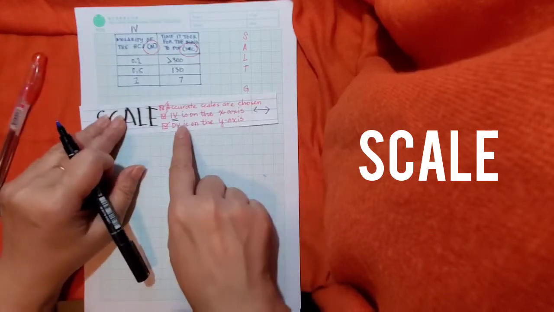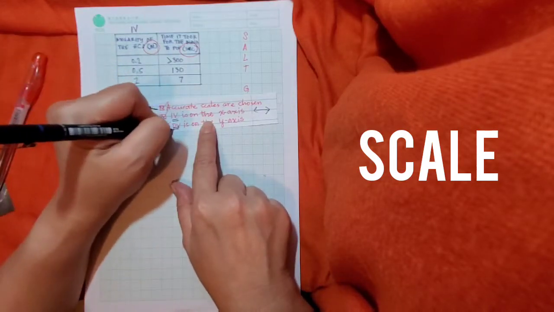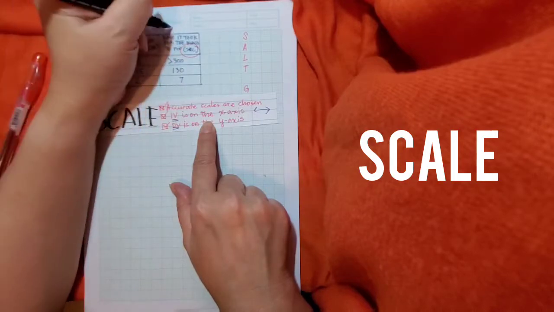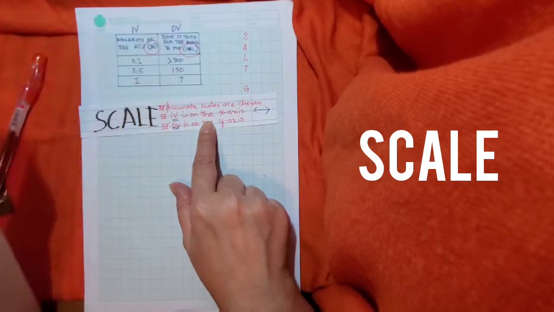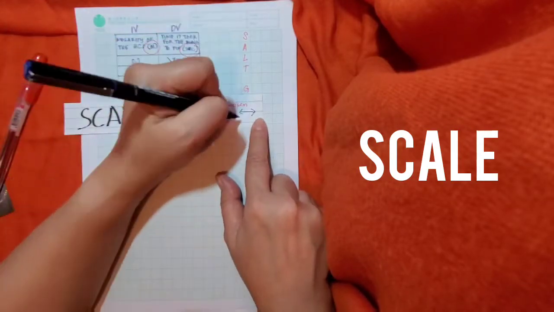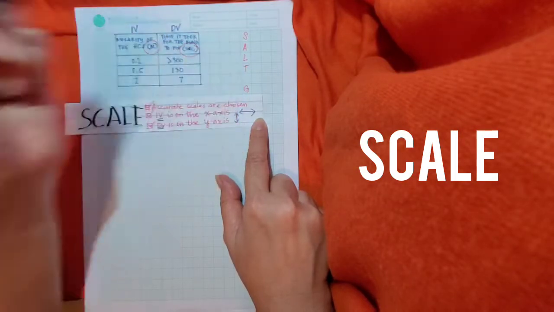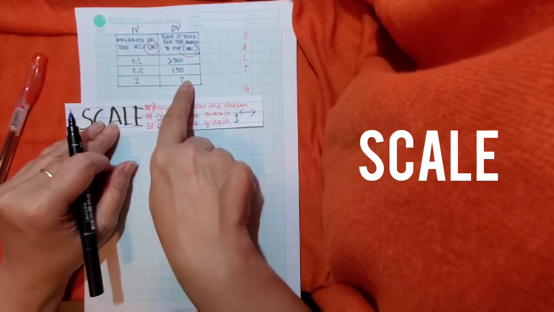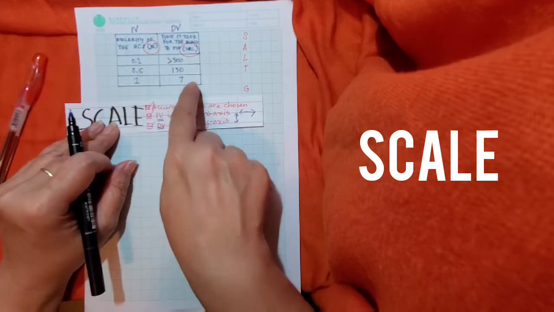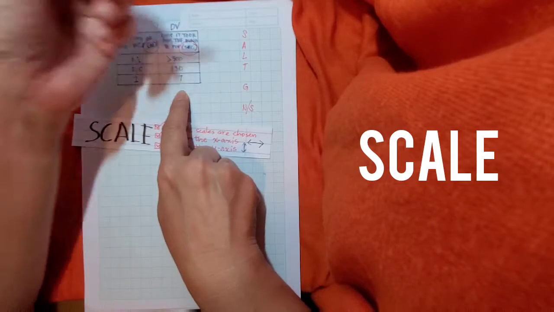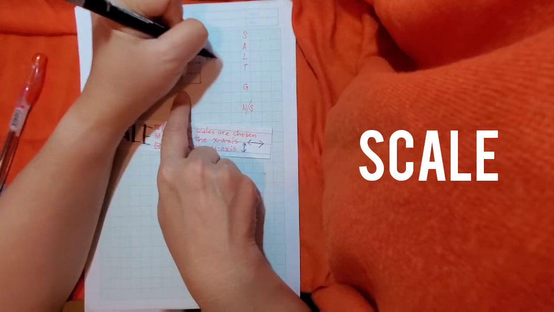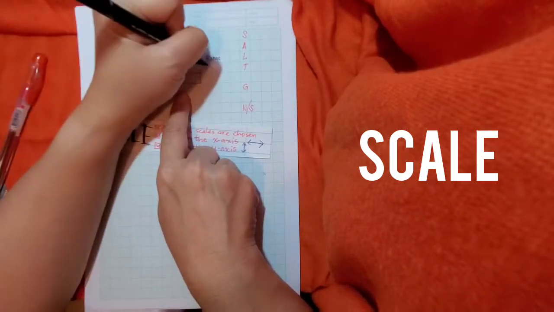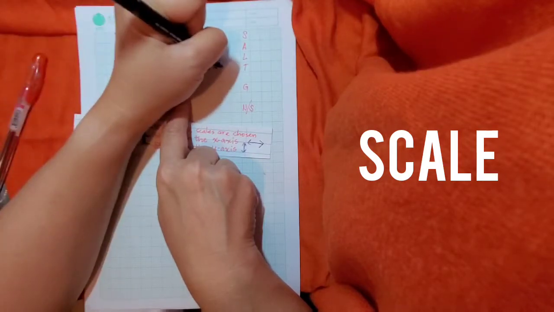Now, the dependent variable, which is the right column, is on the y-axis. Again, the y-axis goes up and down. So this is what goes up and down, the dependent variable. And you see that the range of values is 7 to 300.